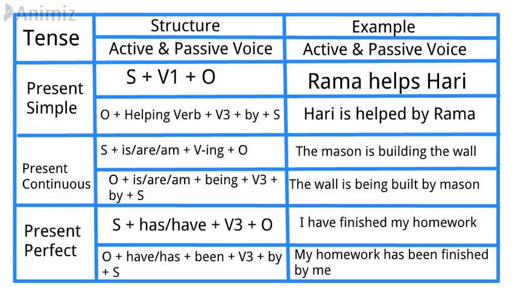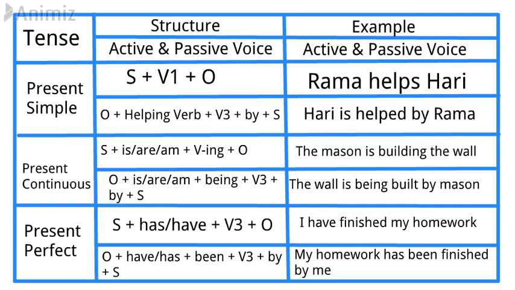In passive voice we take the object in the place of the subject, then we use has or have according to the object, plus been. Remember it, we use been with have and has in passive voice. Third form of the verb by and subject. My homework has been finished by me.